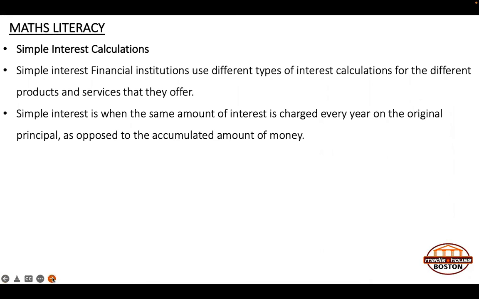So who wants to try and guess, from your understanding of simple interest, what is compound interest? Anyone? If you don't know, you can just say IDK in the chat.